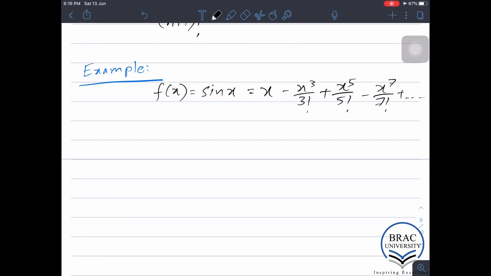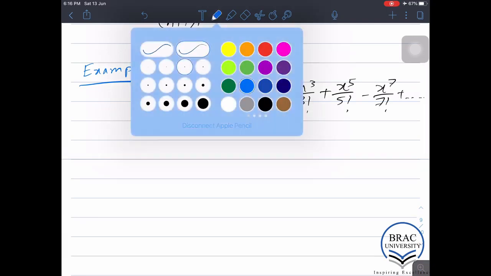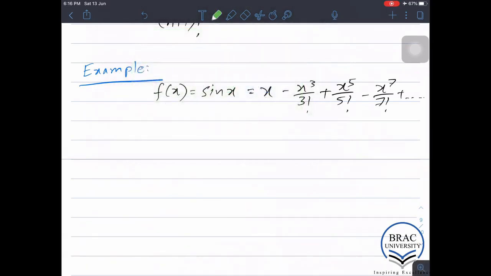Now, when I'm evaluating the value of sine in my computer, I will take up till this part. I can add a new term with coefficient 0 because x to the power 6 is not there, and my next term is of order x to the power 7, so I can write this as p6 of x.